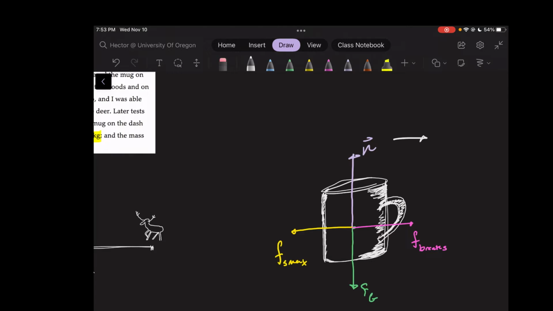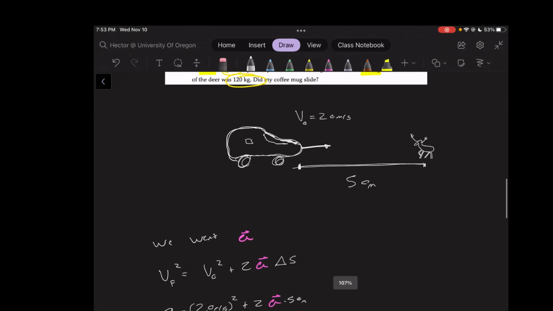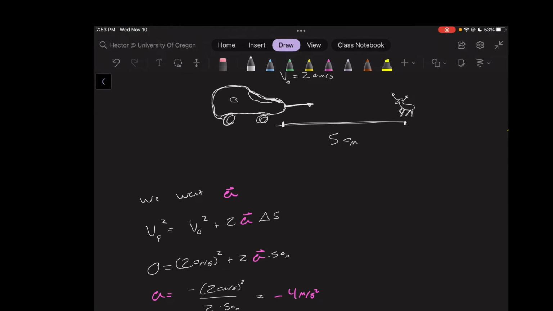It's going to accelerate relative to the car because it's a flat surface, and there's a mass, so there's going to be a force. Going through this and setting it up, we need a, right? We need to know how quickly the car decelerates, because it matters for how much force the coffee cup will experience.